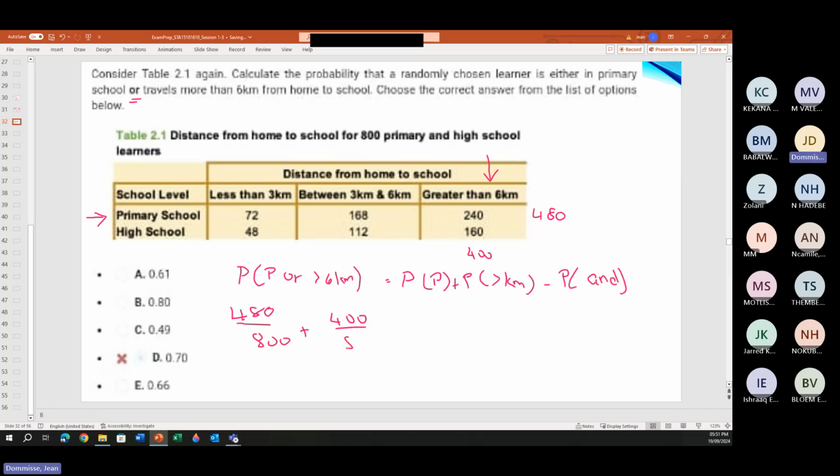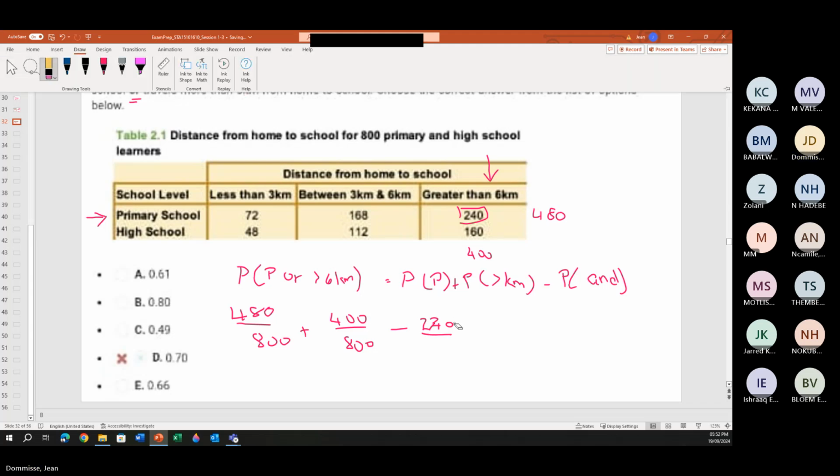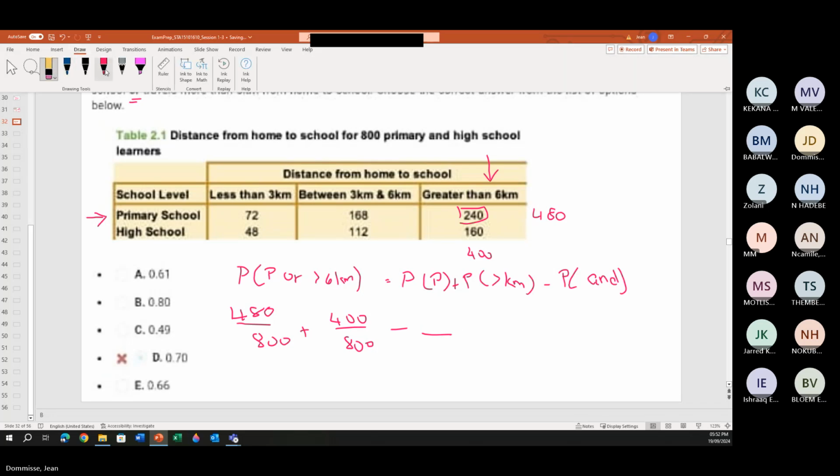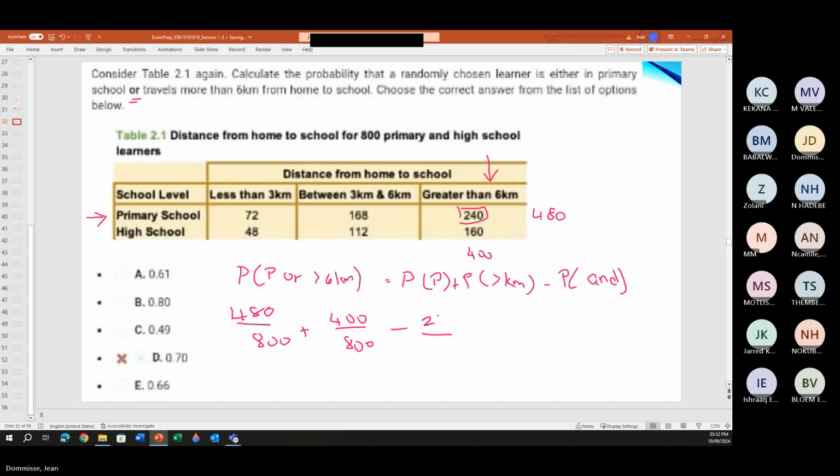So 400 divided by 800. And then we need to subtract the one that is the double count, which is the 240. Let me just rewrite that. The 240 divided by 800.